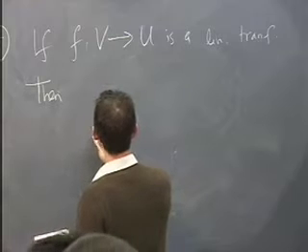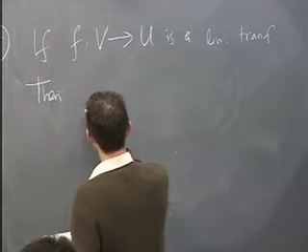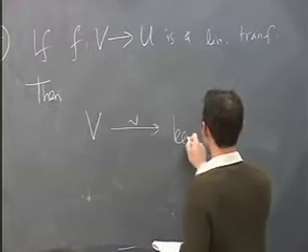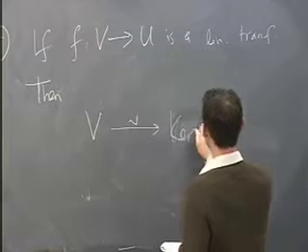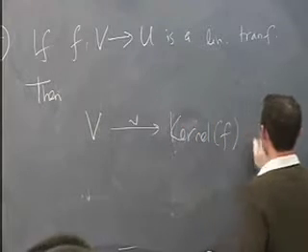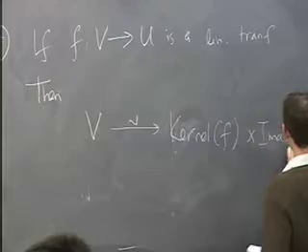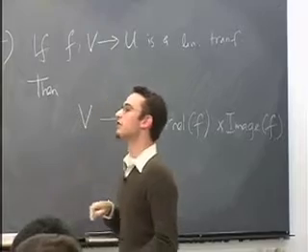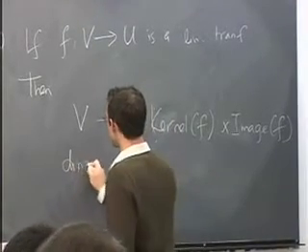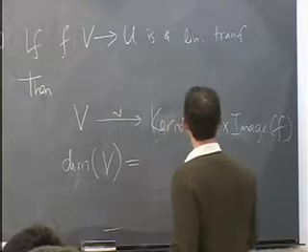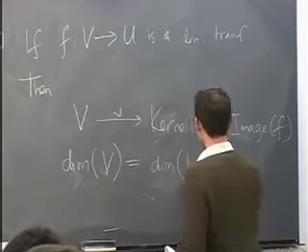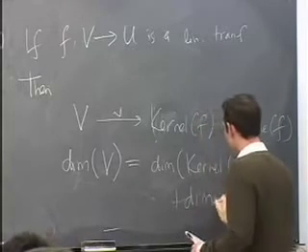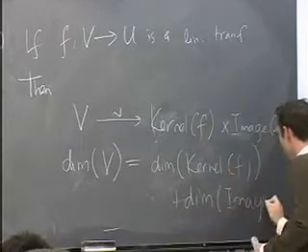First of all, V is isomorphic to the product of the kernel of f with the image of f, and consequently, again, by the same argument as here, the dimension of V is equal to the dimension of the kernel of f plus the dimension of the image of f.